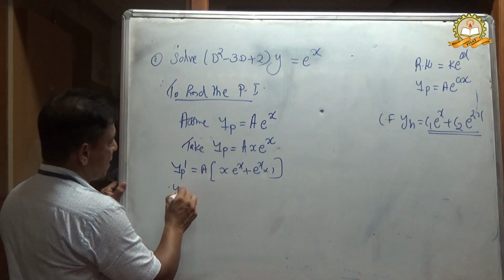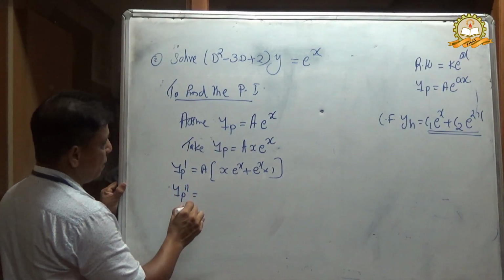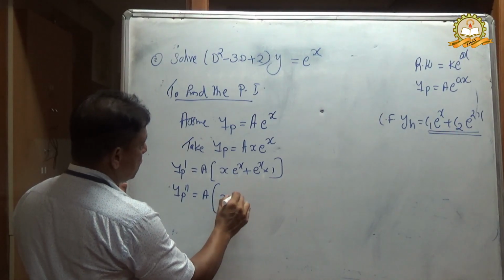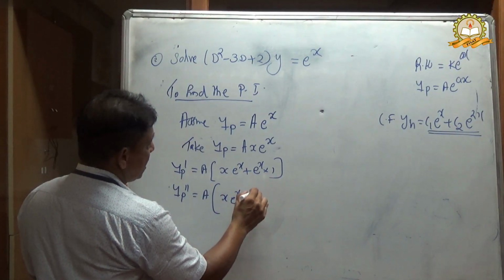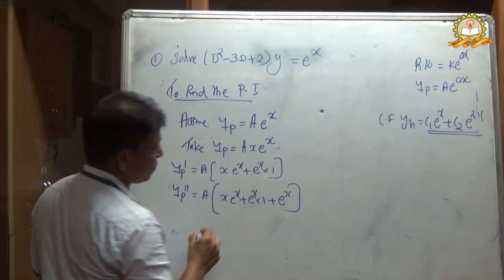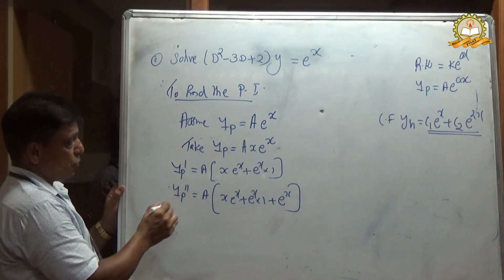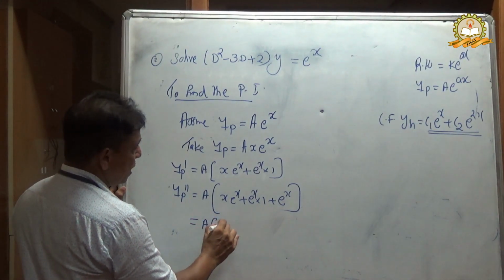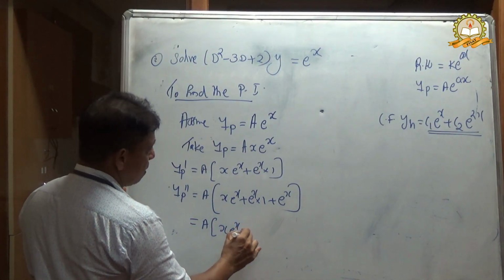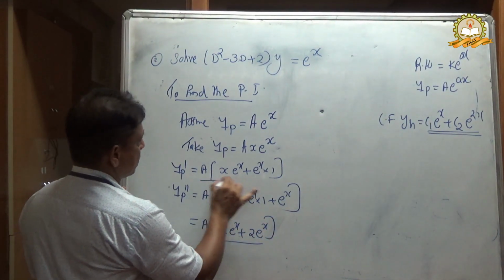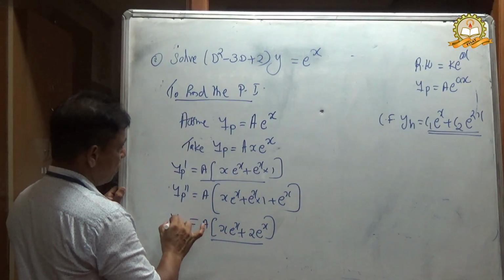Then again we take the second derivative, yp double dash: a into x into e raised to x plus e raised to x into 1 plus e raised to x. We take the second derivative. That is a into x into e raised to x plus 2 into e raised to x.